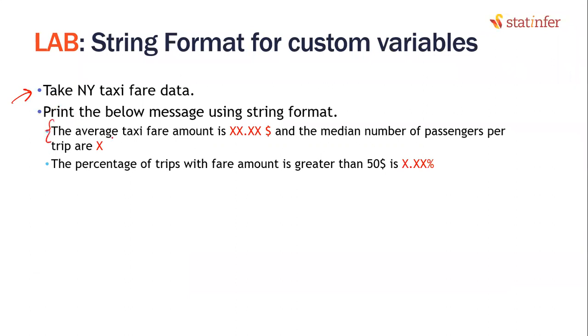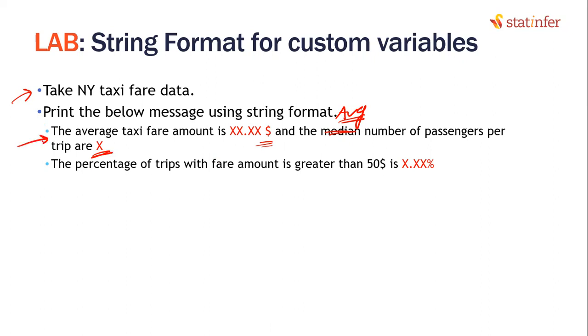The average taxi fare amount must appear exactly in this manner, and the dollar sign should not be actually coded. It should come automatically. Somehow the currency should appear, and the median number of passengers per trip is this many. If you're not aware of median, you simply take the average number of passengers as x. It has to be an integer.